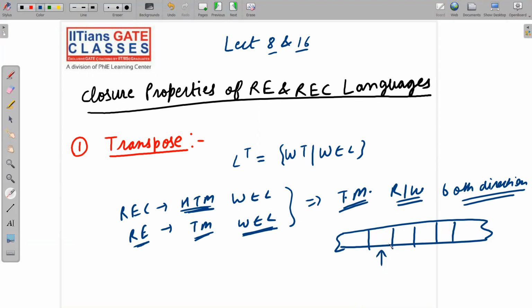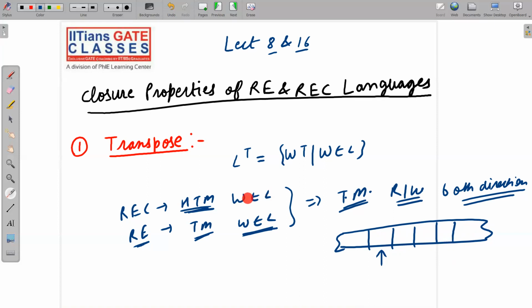We are scanning the string from left to right. In place of reading the string like this, you can read it from the other side. In place of placing the read write head on the first symbol, place it on the last symbol and scan in the reverse direction. That's it, our work is over.